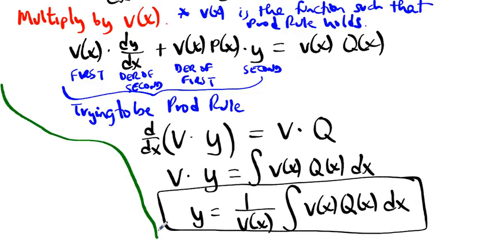Well, let's figure that out, shall we? Remember what v of x was. v of x was the function such that the product rule holds. And for the product rule to hold, this has to be the derivative of that. The derivative of that has to be this thing.